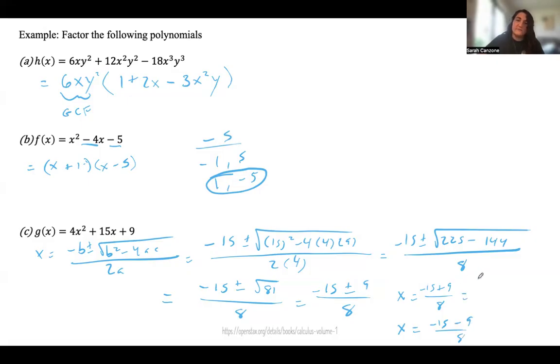So negative 15 plus 9 gives us negative 8 over 8, which is negative 1. Negative 15 minus 9 gives us negative 24 over 8, which is negative 3. So these are our x values.